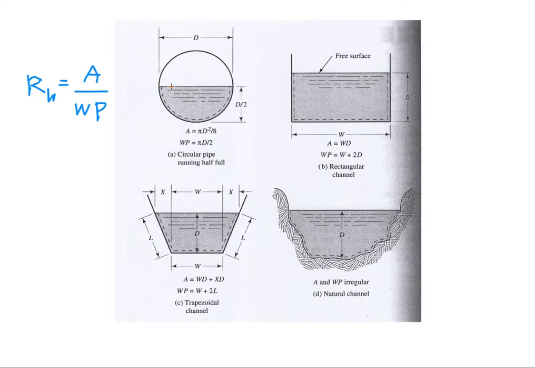The water is here, and you need to know the area of the water cross-section, so you need to calculate only this area. That's why we write flow cross-sectional. You only calculate the cross-section created by the fluid, not the cross-section of the pipe or the conduit. You need to really understand that.